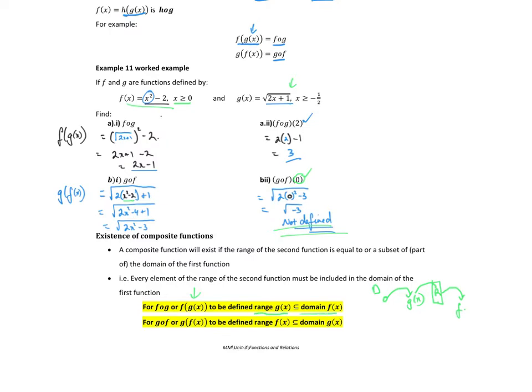The values that g of x produces have to be inside the domain of f, otherwise we have an issue. Similarly, for g of f of x, the range of the inside function has to be inside the domain of the outside function. Otherwise, we have existence issues like we did here with g of f.